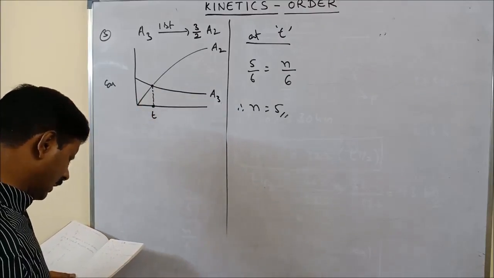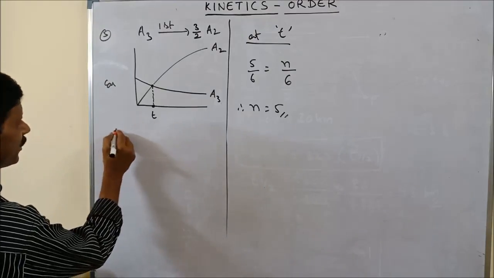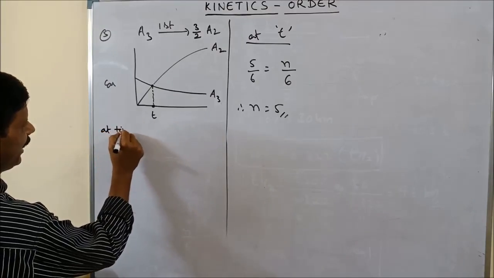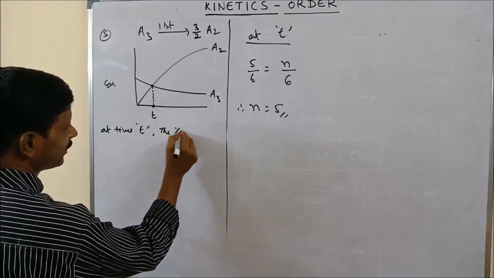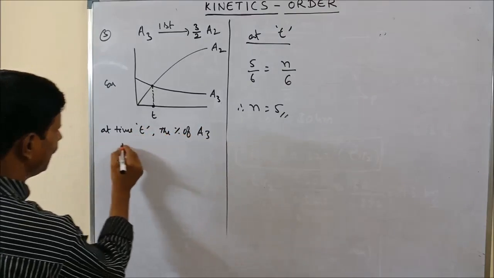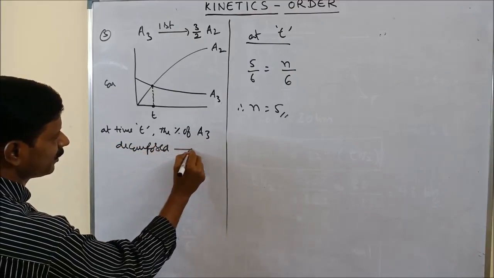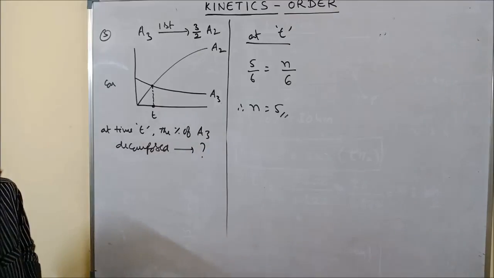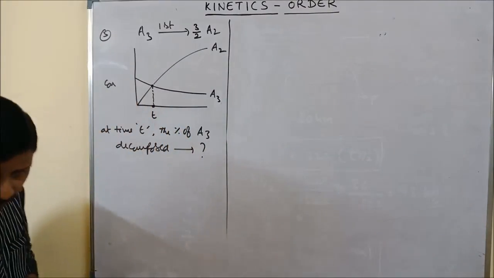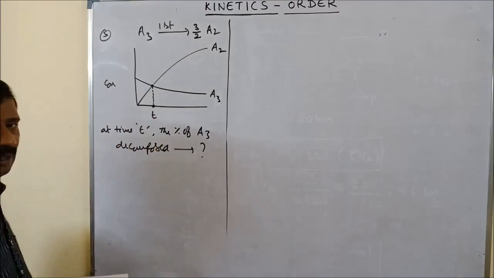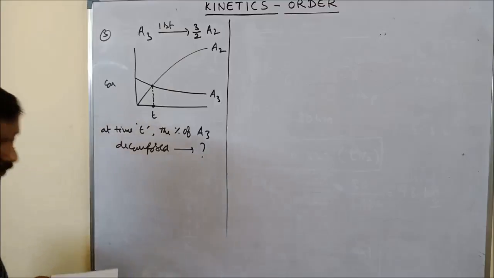Now the information is at time t, what percent of A3 is decomposed. That is what we have to find out. Means how much of the reactant is going to decompose. Either it is 10% or 20% or 30%, that we have to find out.